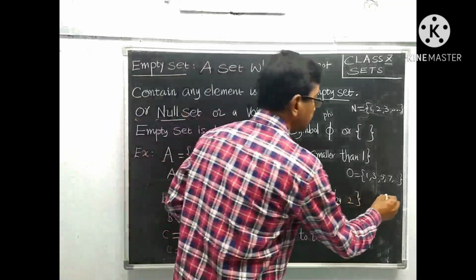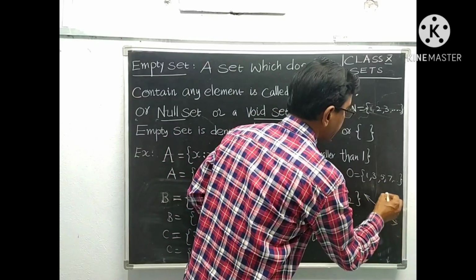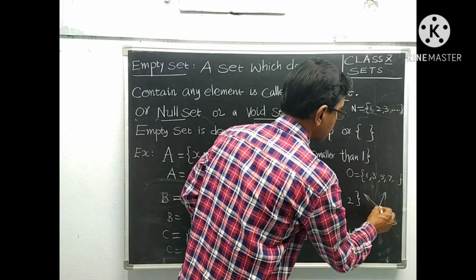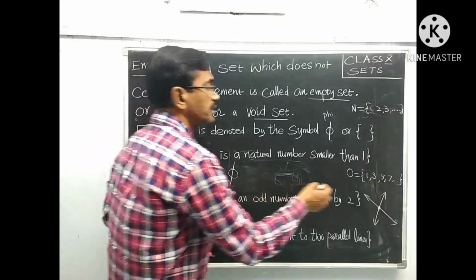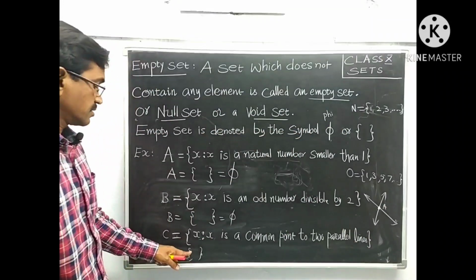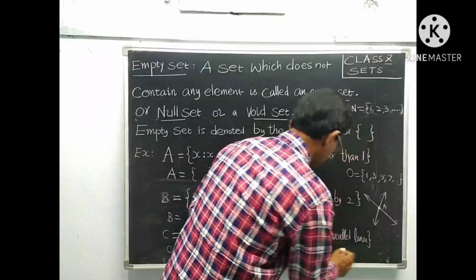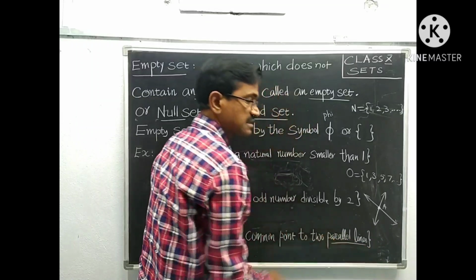If two lines intersect like this, they have a common point here. This is a common point. So we have to write that point. If there is A, we have to write A in the set. But here the given condition is parallel lines.